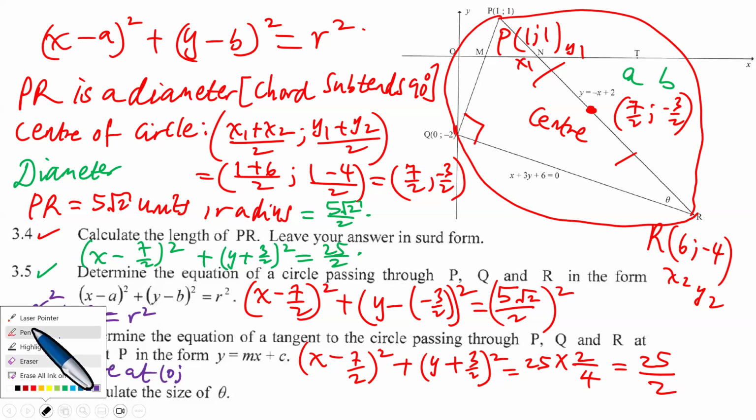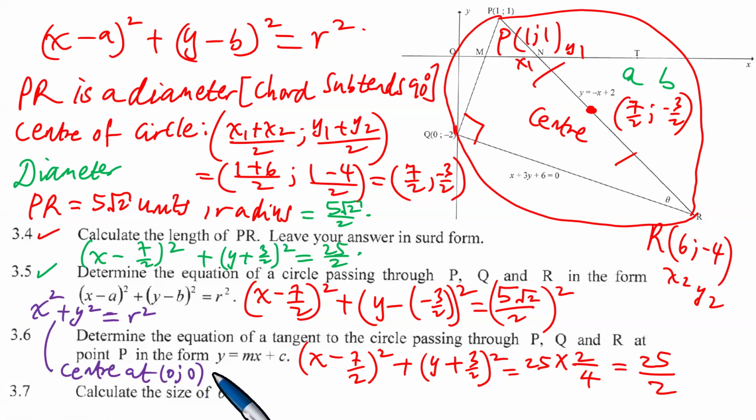So that's something that you need to take note of. If a and b are both 0, then we have x squared plus y squared is r squared, and this becomes the equation of a circle whose center is at the origin of the plane.